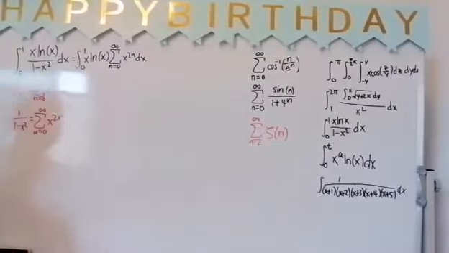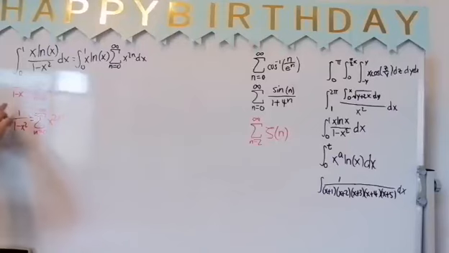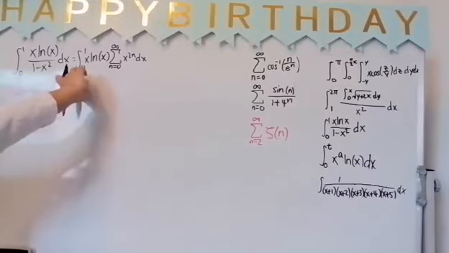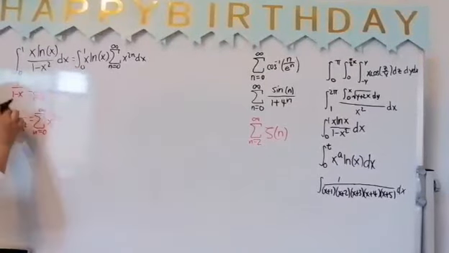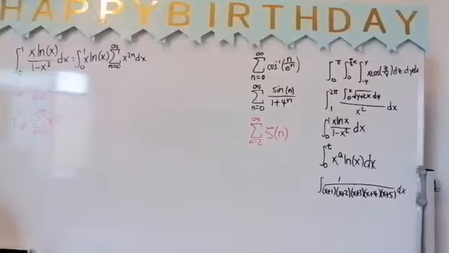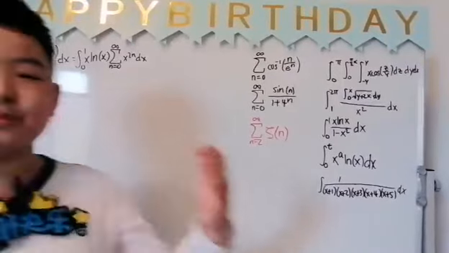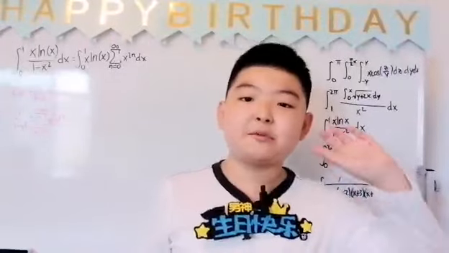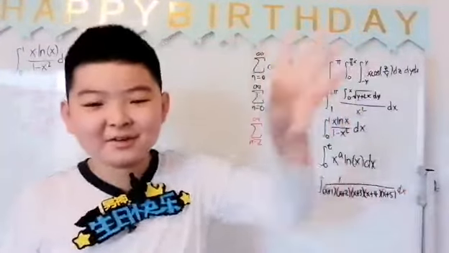X and x to the 2n make x to the 2n plus 1, and then we're going to switch the order. You can use the dominated convergence theorem, because we're on an interval going from 0 to 1, and the 1 over 1 minus x is from negative 1 to positive 1, so technically we are in the radius of convergence, meaning we can switch those two symbols.